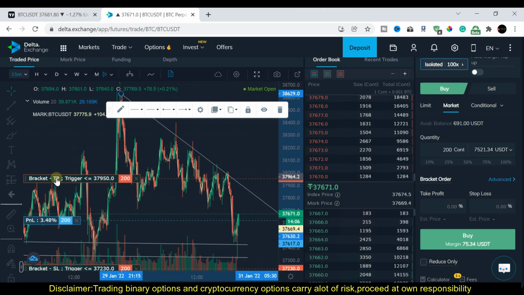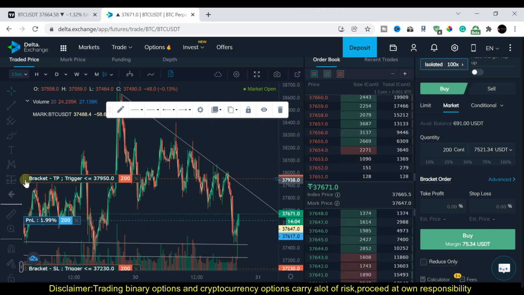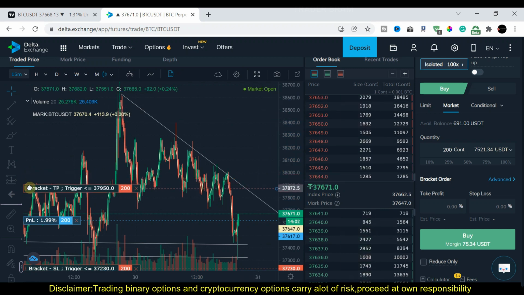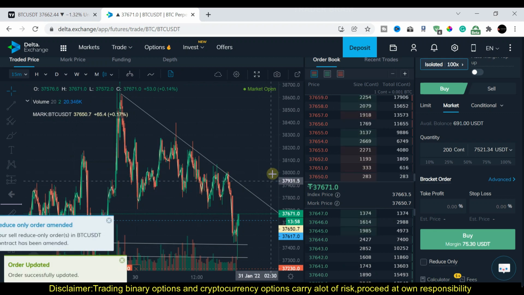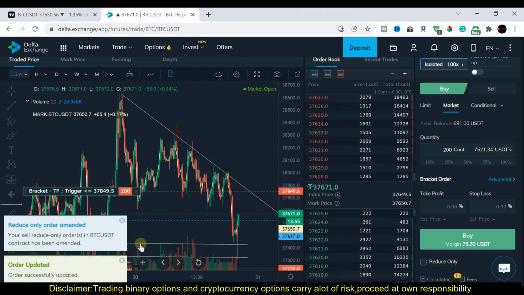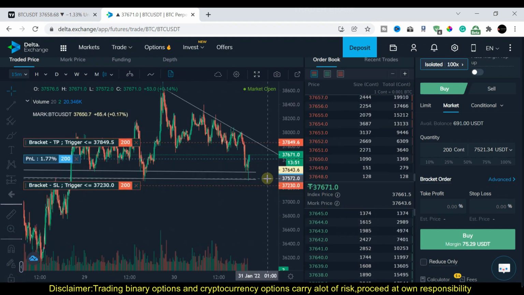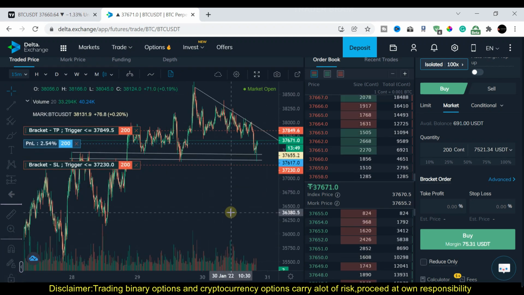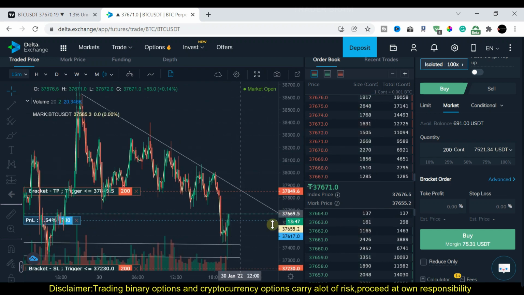So I expect my take profit to be around here, on that trend line. So that will be a good position to take my profits.